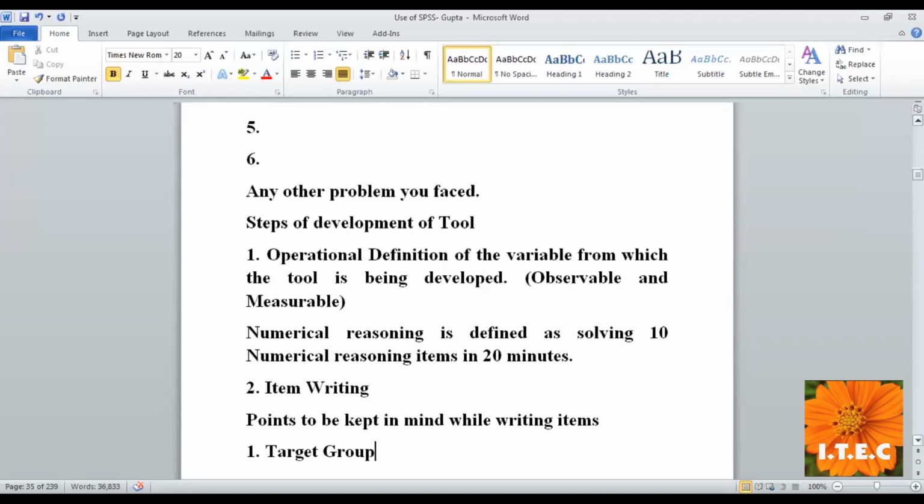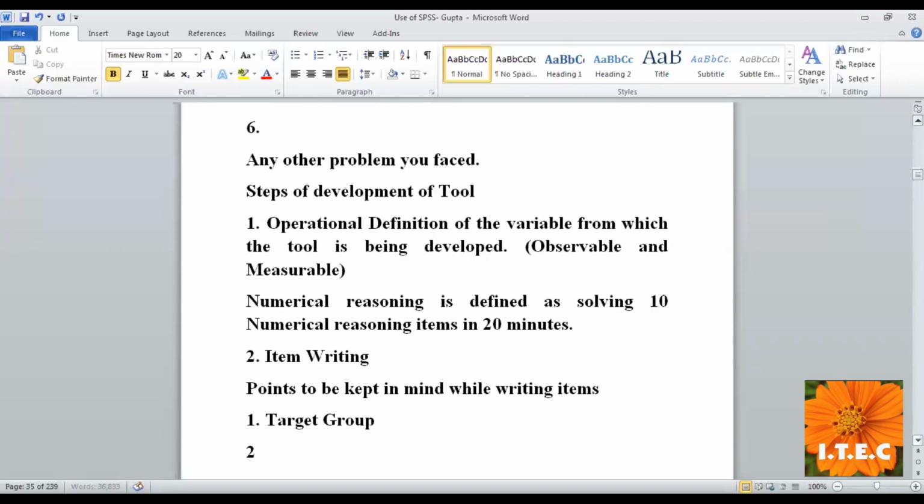Do they belong to villages or cities? What are their qualifications? What type of job are they doing? You know, these are the different things which you have to decide.